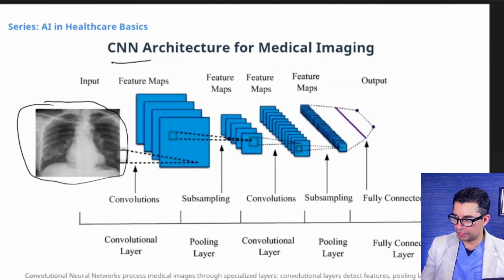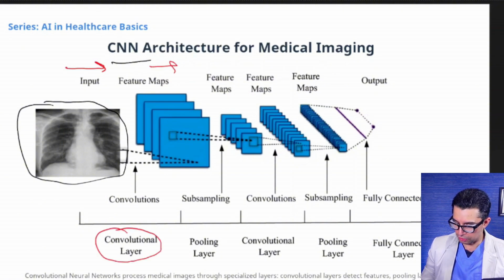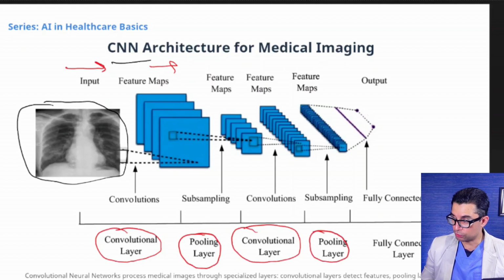The network takes the original X-ray image and passes it through multiple steps of specialized layers. You can see the convolutional layers, two being shown here. This is just an example. And you have pooling layers, and we'll talk about pooling in detail in a different video. However, just to get you acclimatized here.